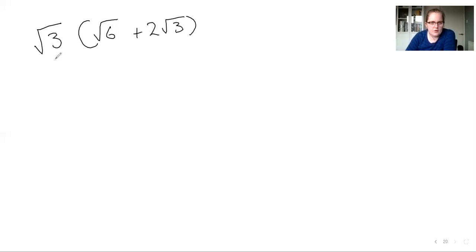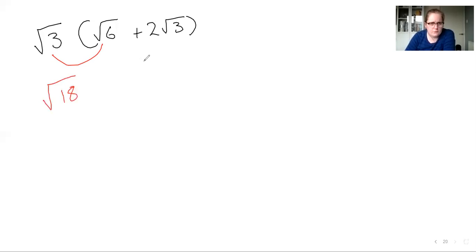The example I'm going to use now is this one. We've got root 3 multiplied by root 6 plus 2 root 3. So root 3 multiplied by root 6, well, that would give us root 18.